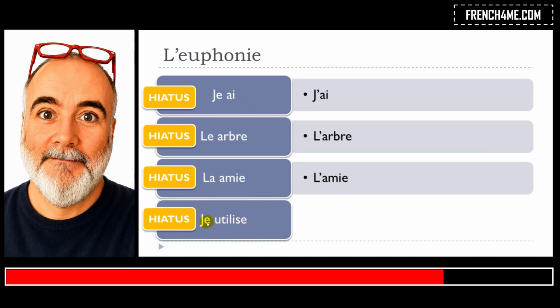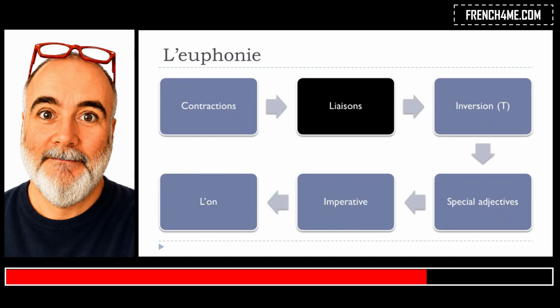You will have to take away your e just to get this j'utilise form. Okay, so j'ai, l'arbre, l'ami, j'utilise. Just for this reason, the hiatus reason, you'll have to take away this vowel. All right, so second situation now, and we're talking about les liaisons.